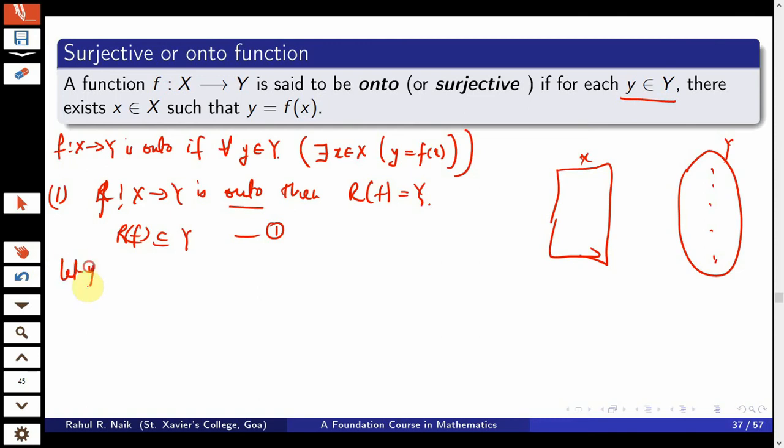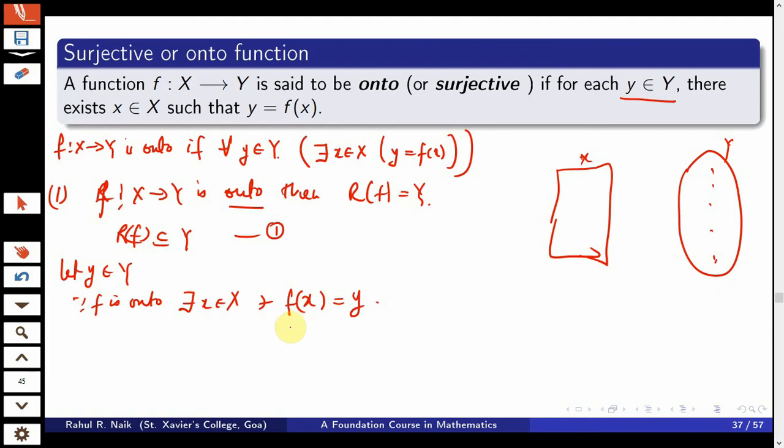So, if I take y in Y, since the function is onto, that assures that there should be a point x in X such that f of x is equal to y. Okay. So, let y be in Y. Since f is onto, there exists a point x in X which acts as a pre-image of this y, such that f of x is equal to y.